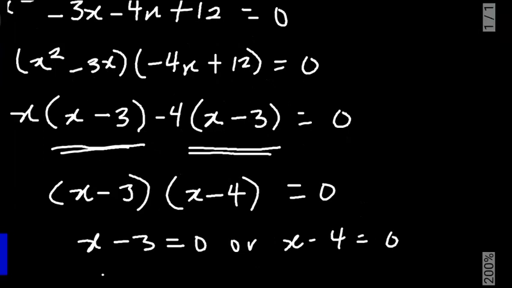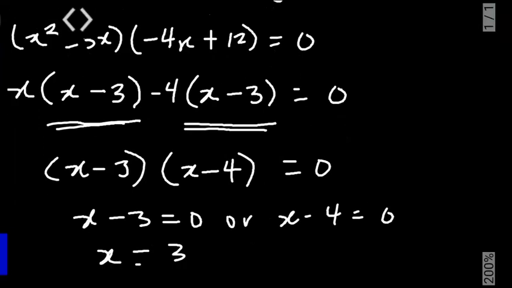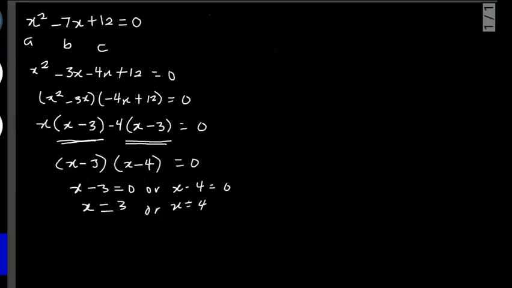So we have x equals 3, or x equals 4. So x equals 3 or 4 is the root of that quadratic equation. So this is how to solve a quadratic equation by factorization.